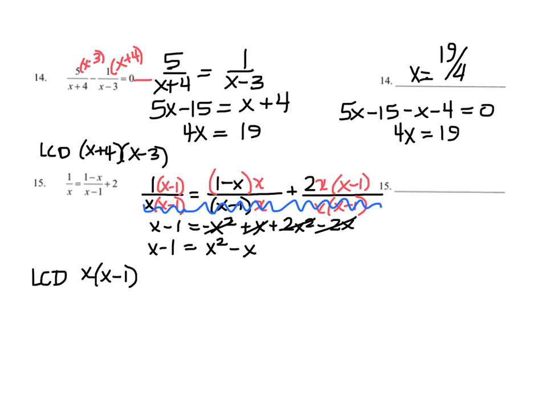Now it's a quadratic. If I go ahead and set this equal to 0 and factor, I'm going to subtract that x over. I'm going to get 0 equals x squared minus 2x minus 1 plus 1. Sorry, I'm adding this 1 across. A lot of you made that mistake because then it made this unfactorable. So this is going to factor as x minus 1, x minus 1. So my solution is going to be x equals positive 1.